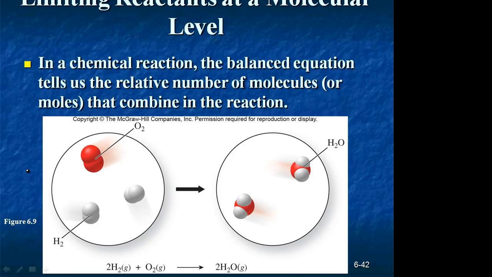We learned before that the coefficients in a balanced equation tell us in what ratio they combine, right? The number of moles. Remember, the coefficient in front of each formula in a balanced equation tells us the relative number of molecules or moles that combine in a chemical reaction.